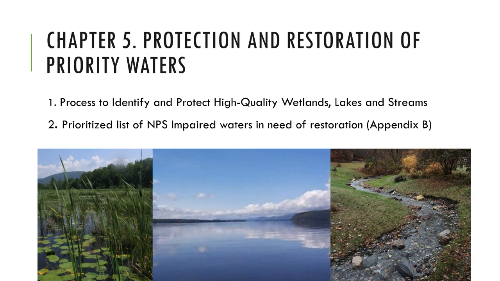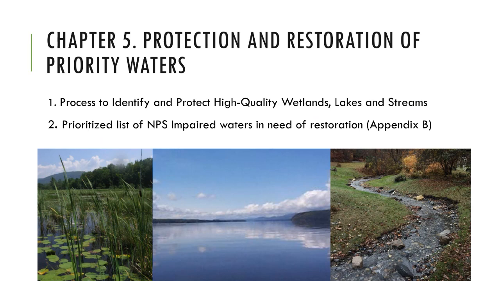When we talk about protection, we're talking about protecting our already high quality waters. Our highest quality wetlands are our Class 1 wetlands. Once they're established as Class 1 wetlands, they earn the highest level of protection in Vermont. We also have high quality lakes and streams, obviously.